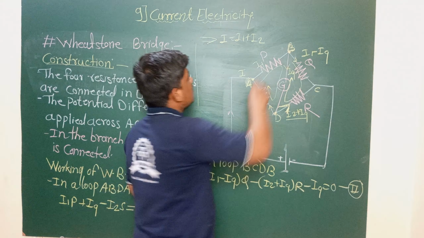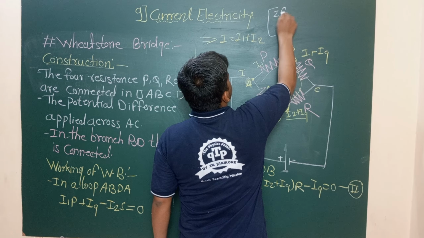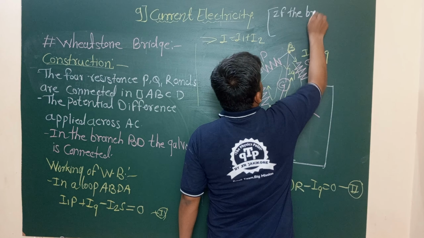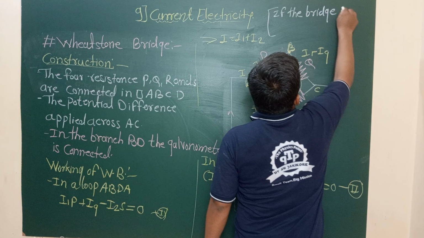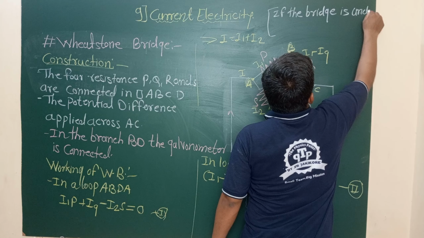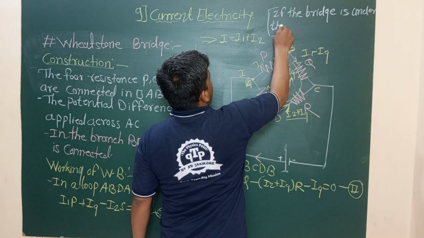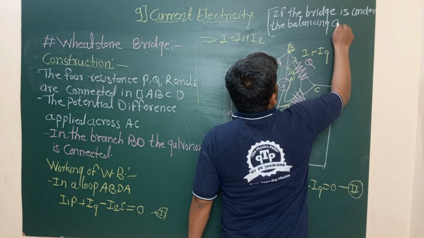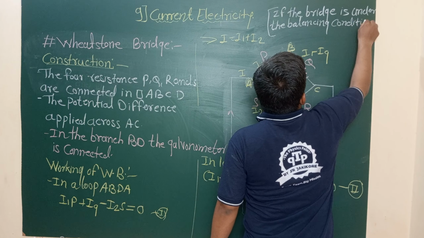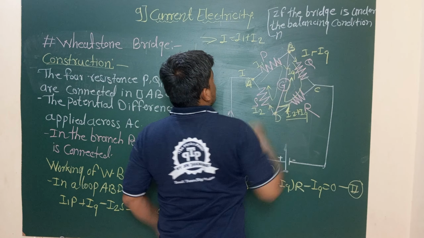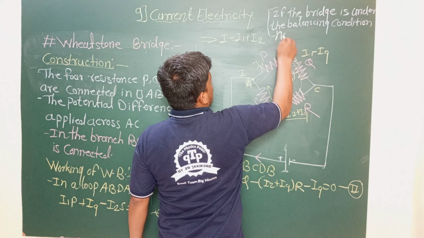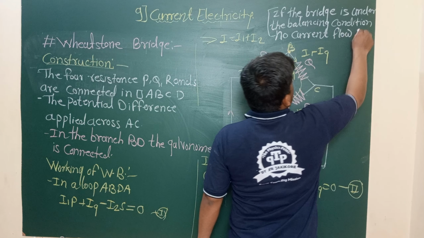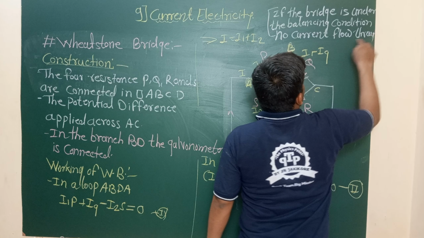The most important point: if the bridge is under the balancing condition, no current flows through the fifth resistance.